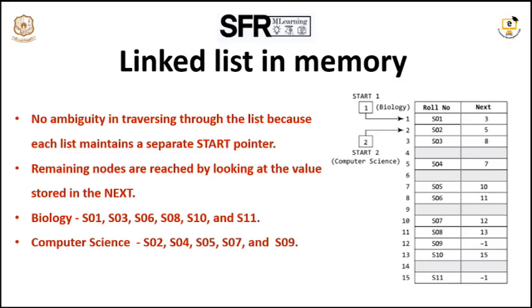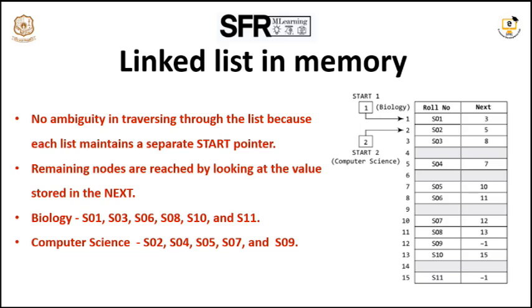In this picture you can see that for the students who have chosen biology, the start value points to address 1, and for computer science the start value is address 2. When we take the biology students from this list, first we see S01, and in S01 the next address is mentioned as 3.